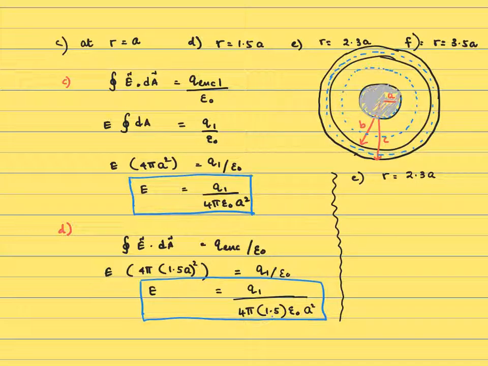Clearly, a conducting shell does not have an electric field inside. As a result, we get E equals 0, and that is our answer.